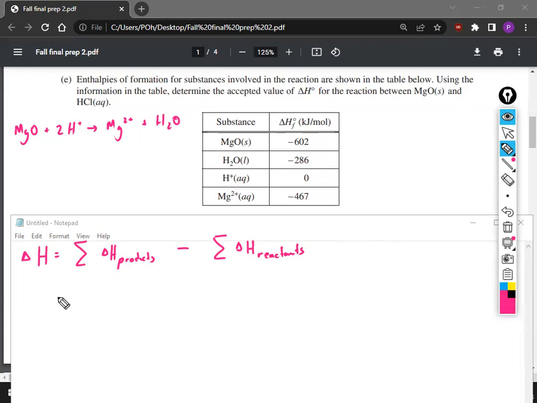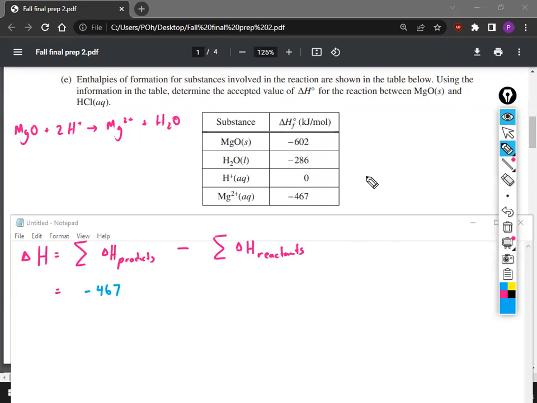Let's start with the products. Our first product in this reaction, I'll do this one in blue, is going to be Mg2 plus, sorry, not MgO, which is negative 467 kilojoules per mole. Since they're all kilojoules per mole, I won't write the units.